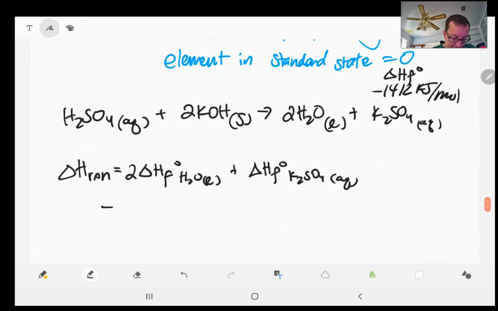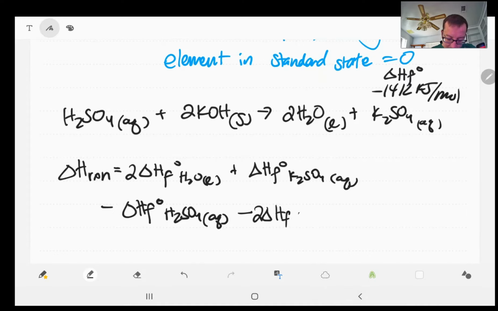We're going to subtract delta HF for sulfuric acid, and subtract twice the delta HF for KOH solid. So our products minus our reactants. I put them on separate lines so it's easy to see the pluses and the minuses. Otherwise, you can add them both up and then subtract them.